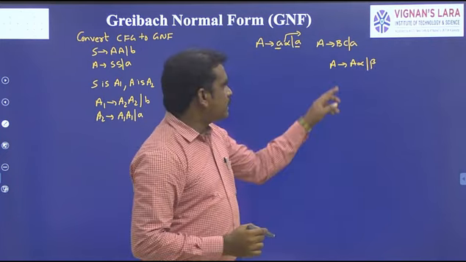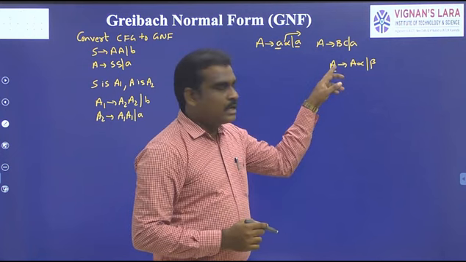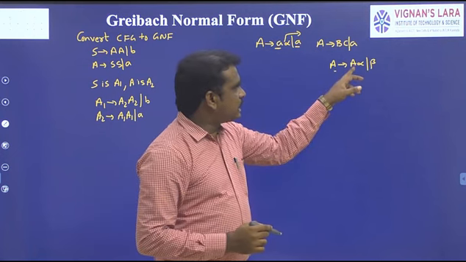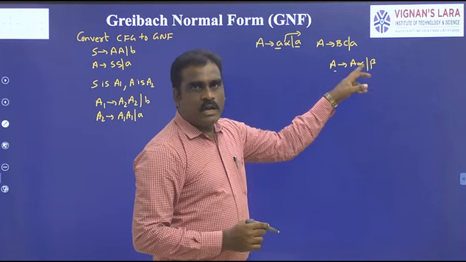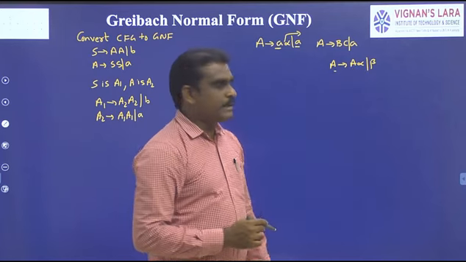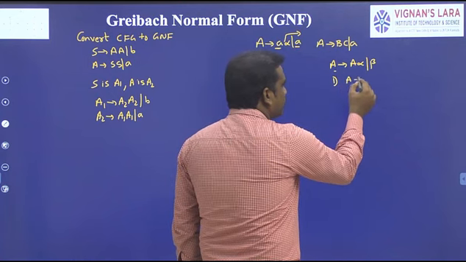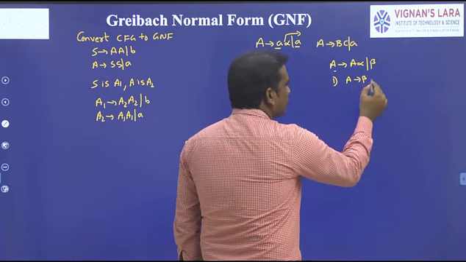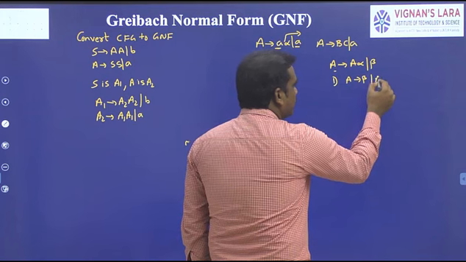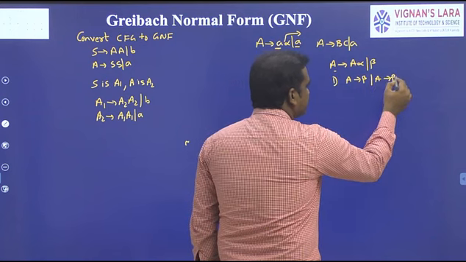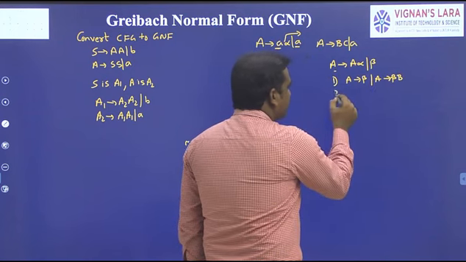That means the production left hand side is A and the right hand side also starts with the same symbol A, and one more production does not start with A. Then the solution is A2 goes to beta and A2 beta B. Now what is B?